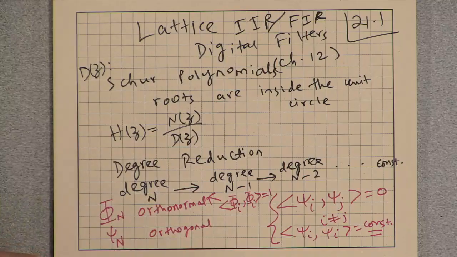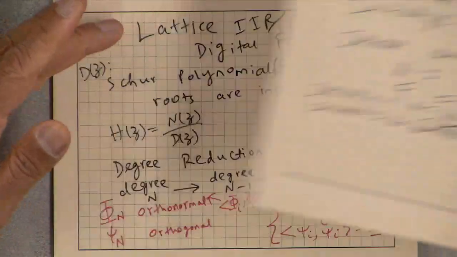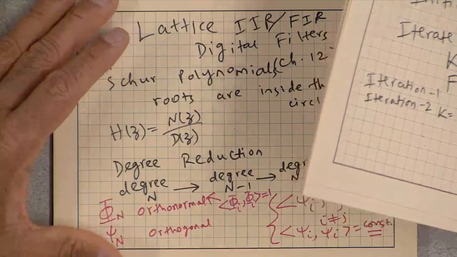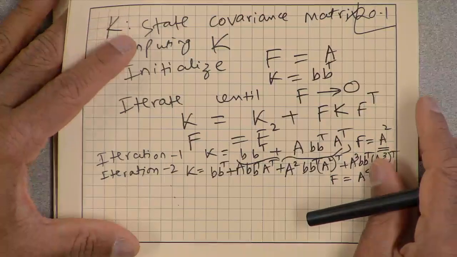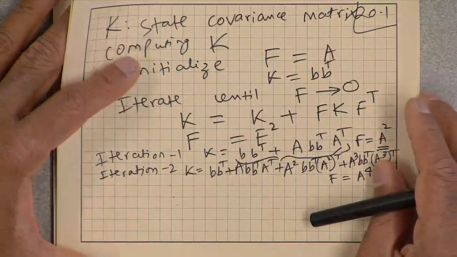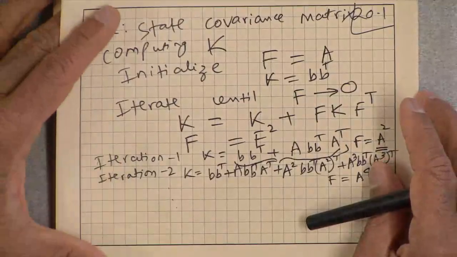So basically when the filter is orthonormal, that means, think about again each state variable.